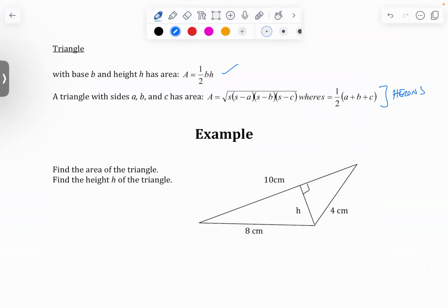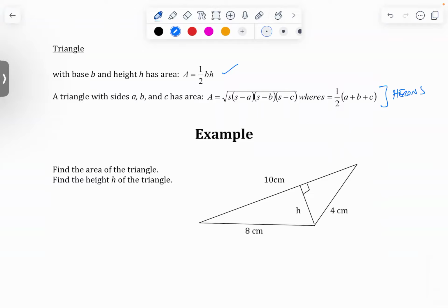So, multiply those out, then take the square root of all the values. That will then get us 15.2. Units are important, centimeters squared.